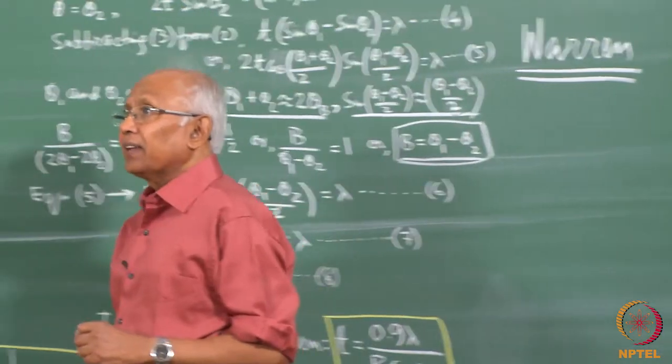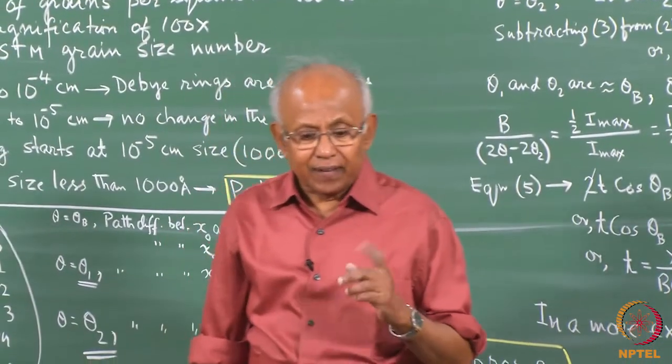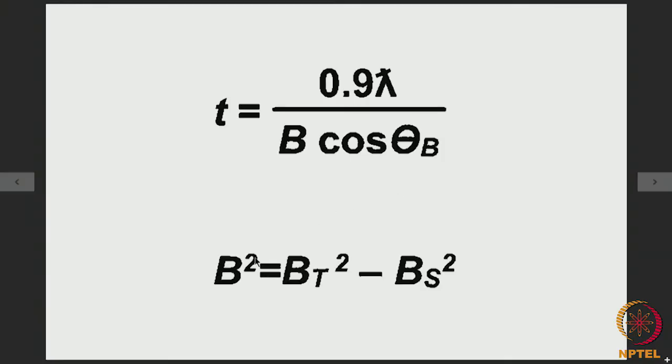He has suggested a formula where B square is equal to B_T square minus B_S square. So, what is B square? B square is the square of the broadening due to particle size alone, and B_T square is the square of the total broadening measured from the diffraction line profile, and B_S is the broadening due to the instrument.